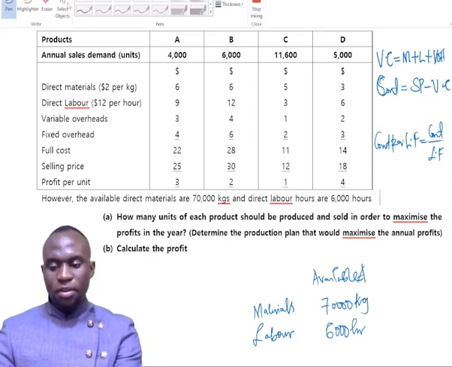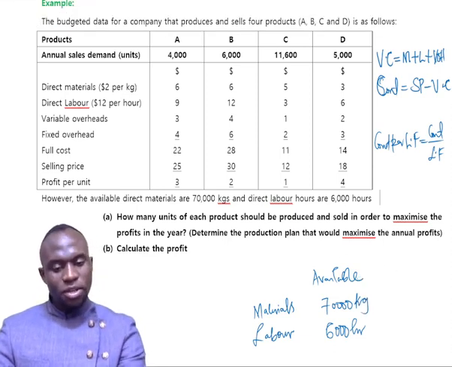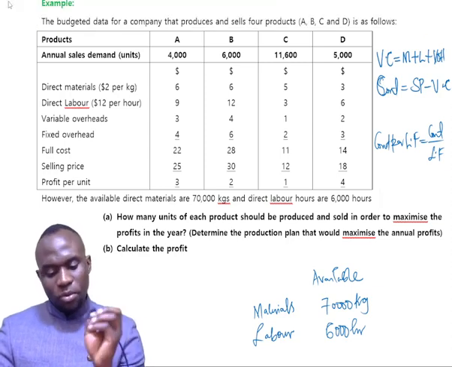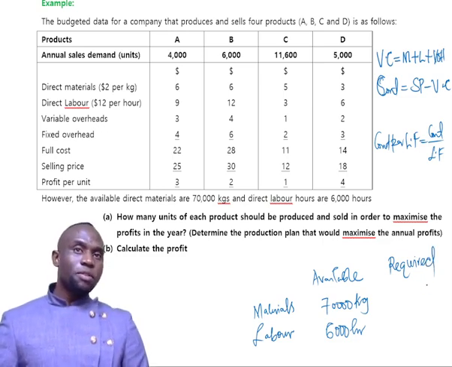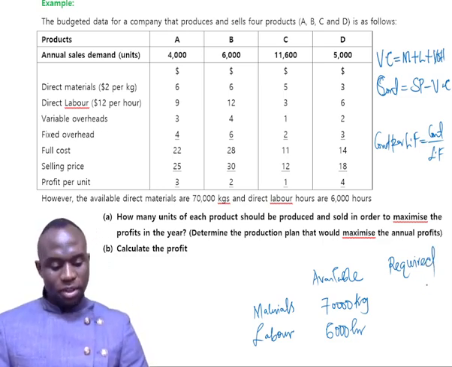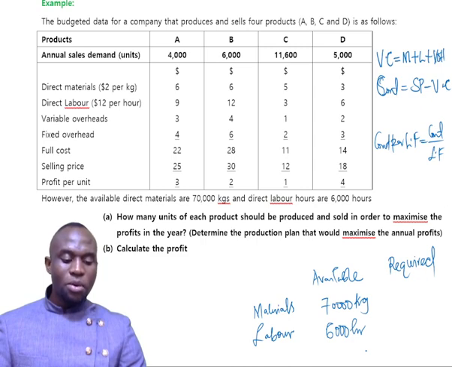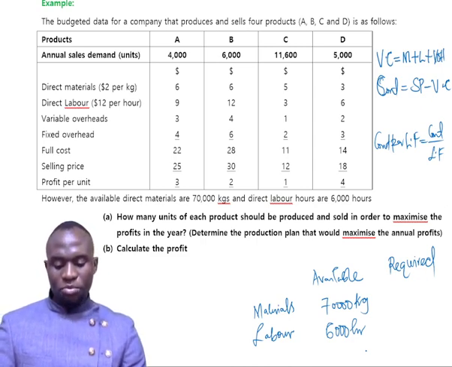That is what they have given us. So we need to calculate what is required so that we compare and we see whether there is a limiting factor or there is no limiting factor. So how do we calculate the total material that is required?